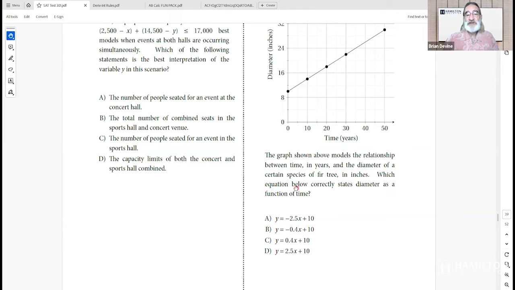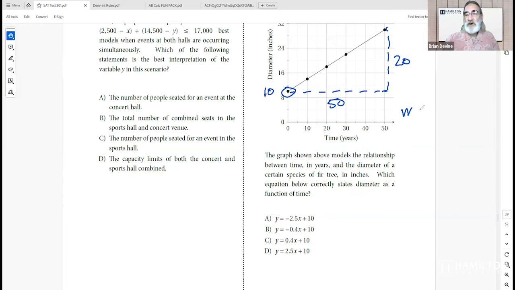Which of the equations below correctly states the diameter as a function of time? Well, it's a linear thing, so it involves slope and intercept. And the intercept looks like it's about 10. And the slope, I can see that if I go over 50, then I went up about 20.